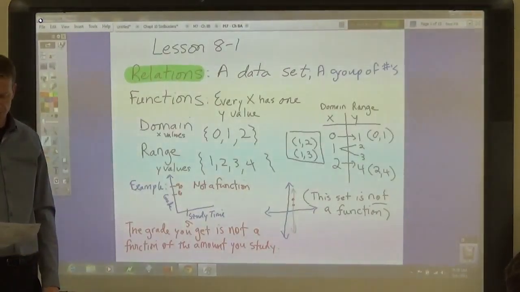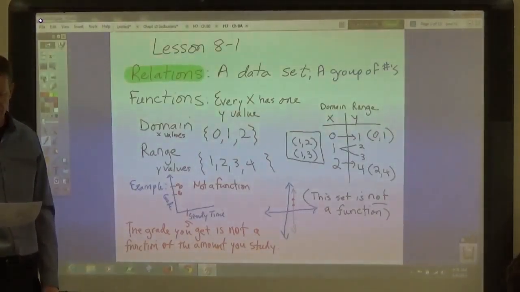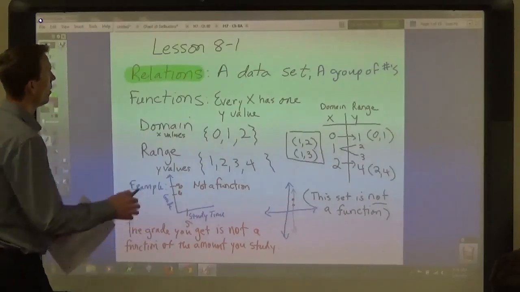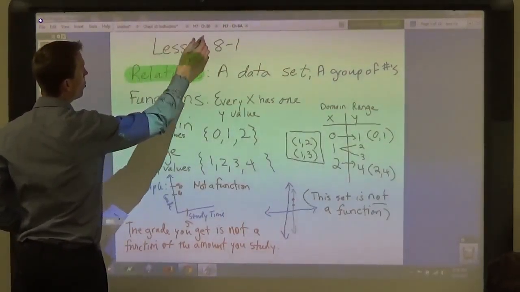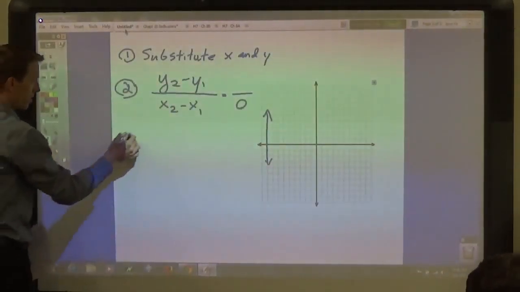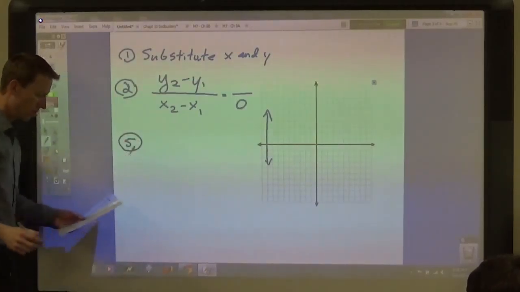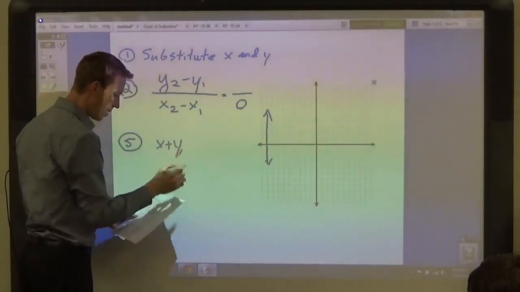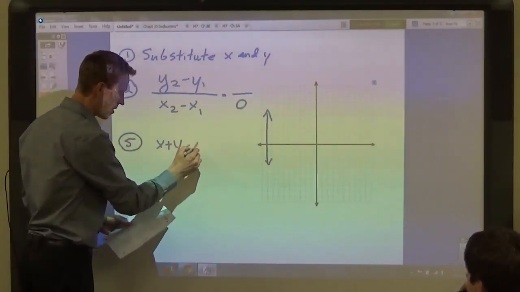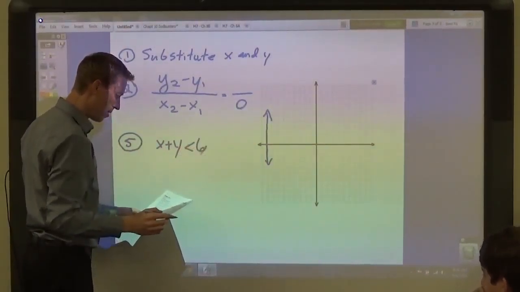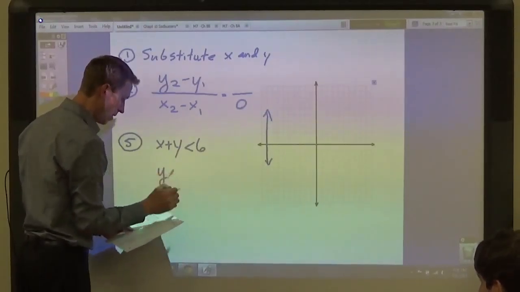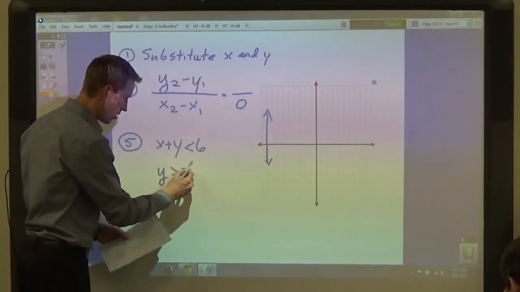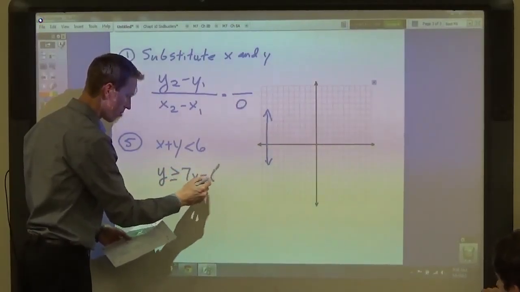Number 5. Which ordered pair is a solution to the system? In number 5, they have given you 2 equations. And they're both actually inequalities. X plus y is less than 6 and y is greater than or equal to 7x minus 3.